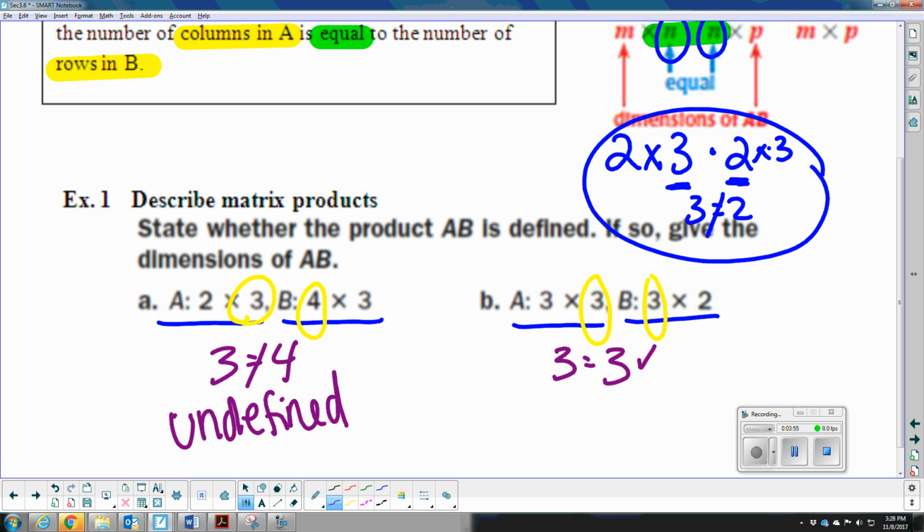The dimensions are the rows in the first by the columns in the second. So this is 3 by 2. Our product matrix AB is going to be 3 rows and 2 columns.